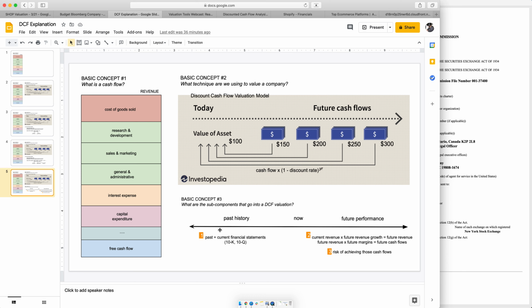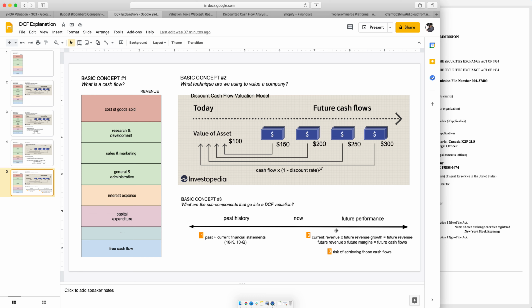I just want to call out one last thing to reiterate, because the worksheet we'll be going off of is organized in this way. The general buckets of information we need to know are: one, historical data. We need to know how the company has done in the past, like last year and this year, which we'll get off our 10K.